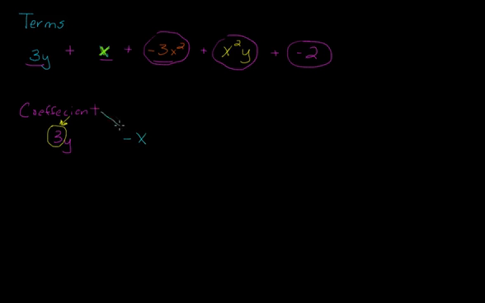The coefficient, there's an imaginary -1 here. So our coefficient in this one is -1. If it's just x, our coefficient is a +1. Always remember that if there's no number in front of a letter, there's always an imaginary 1.